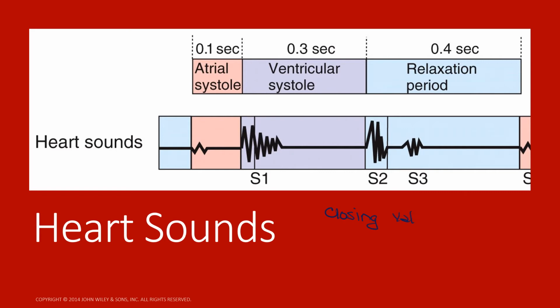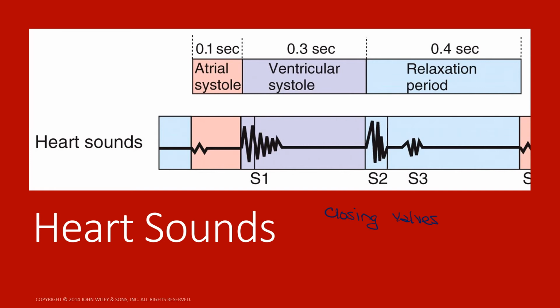So closing valves is really what causes pretty much the sounds of heart beating. Because smooth flowing blood with no turbulence is completely silent. We only hear sounds in blood or in any other fluid when there's turbulence. And so that closing of valves causes quite a bit of turbulence, and that's where we get those sounds from.